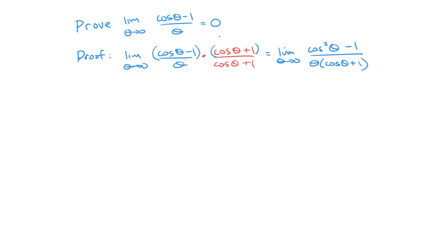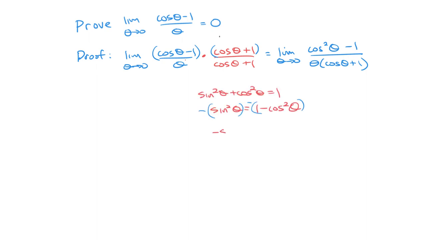So we do know that sine squared theta plus cosine squared theta equals 1. We're going to have something really close to that, but not quite that. So we know that sine squared theta equals 1 minus cosine squared theta. That's not quite what we've got. But what if I multiplied each side of this equation by a negative?